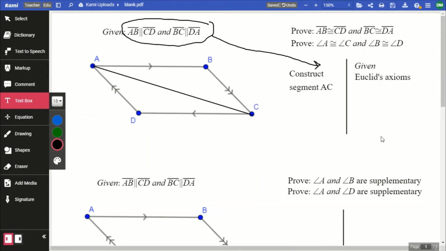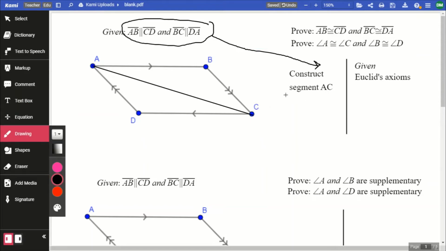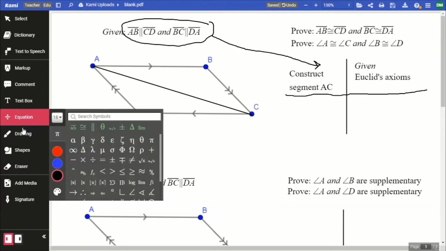We can construct them. And now what we want to do is find some congruent angles. And we're able to do that because we have parallel lines. And parallel lines a lot of times come with congruent angles, especially when we draw this nice transversal in. So we're going to say that angle BAC is congruent to angle ACD.